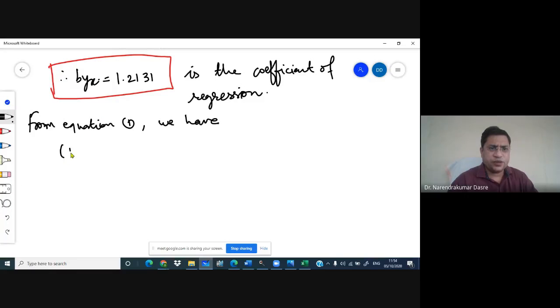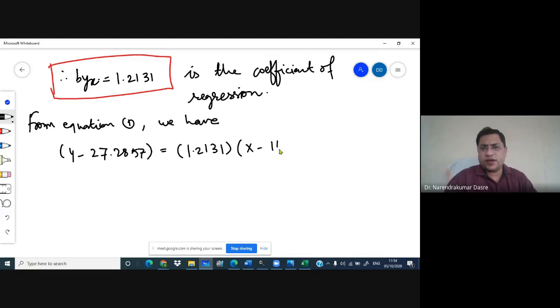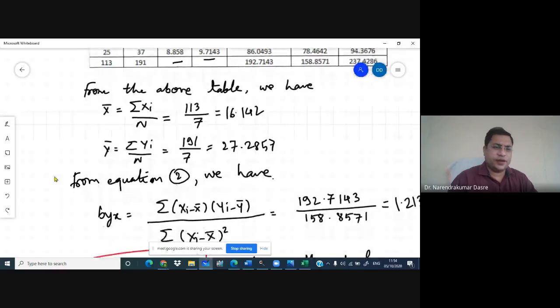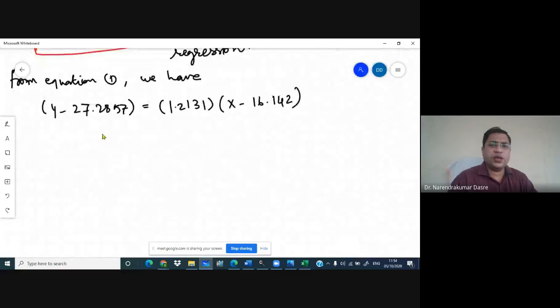So we have y minus 27.2857 is equal to byx, 1.2131, times x minus x bar, 16.142. Here we have put all the values that we have calculated, and once we put these values, it remains to simplify.